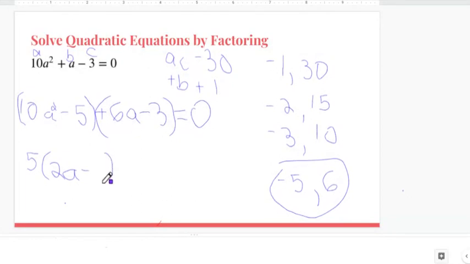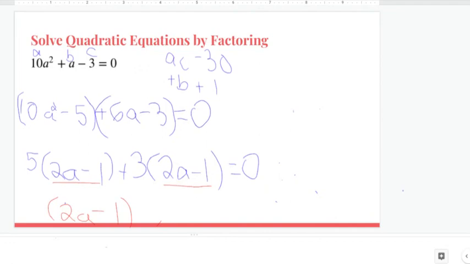And then on the second pair, I have 6a minus 3, and I can see that they share a factor of 3, so I will factor that out. So I can see my common factor of 2a minus 1, so I'm going to factor that out, and what is left is 5a.